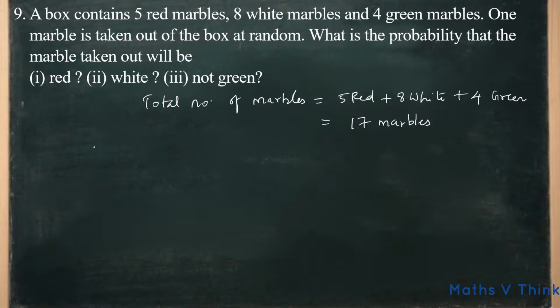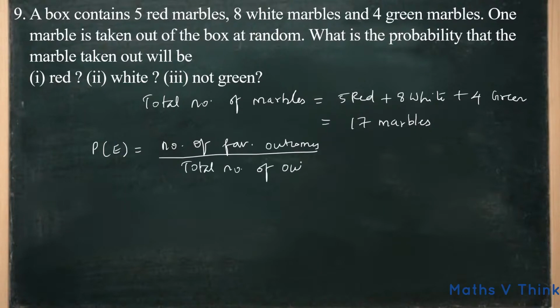Now we'll write the formula. Probability of an event is equal to number of favorable outcomes divided by total number of outcomes.